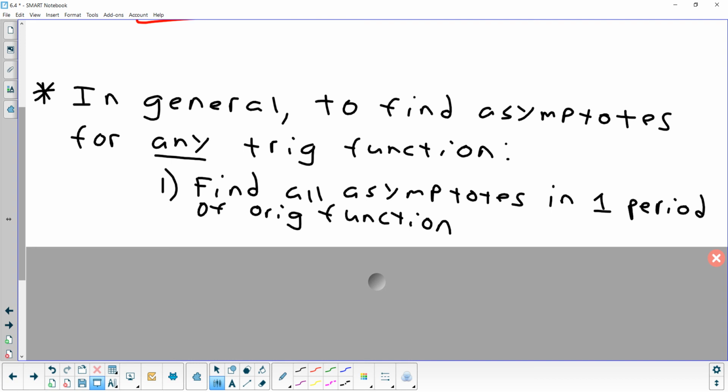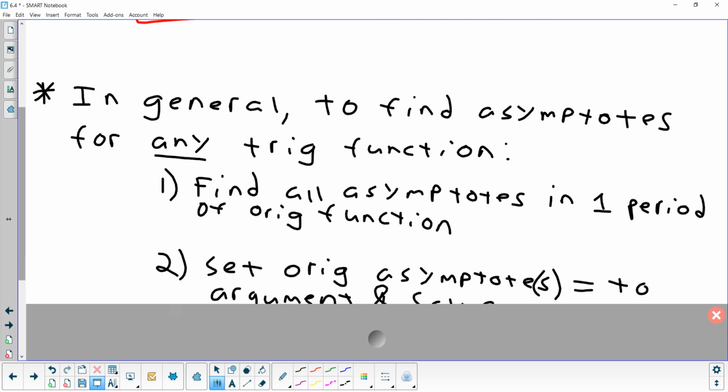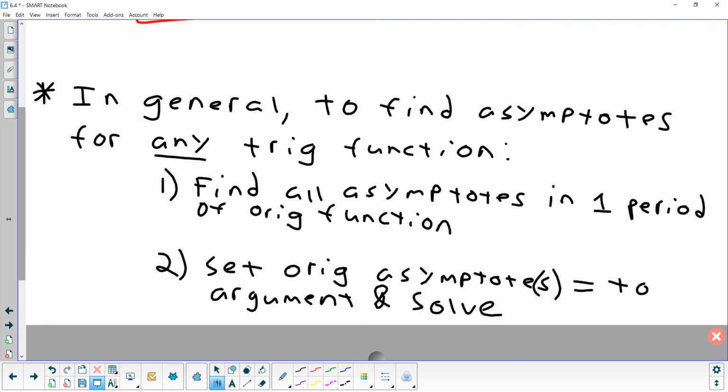When we get to that, that might be tomorrow. But for tangent and cotangent, there is 1 asymptote per cycle. You set the original asymptote equal to your argument and solve. What that's going to do is tell you where that specific asymptote moved to.